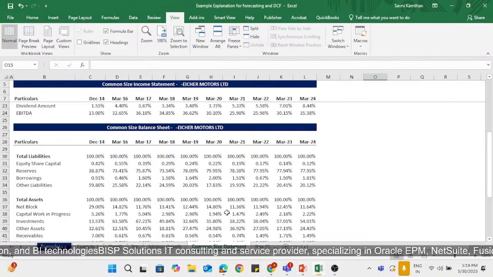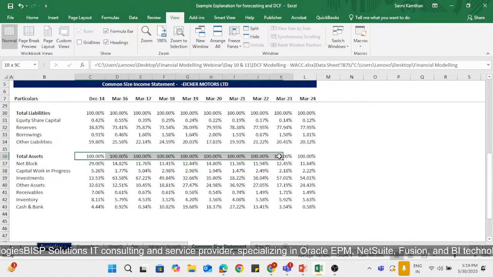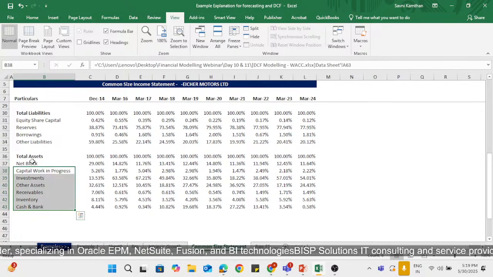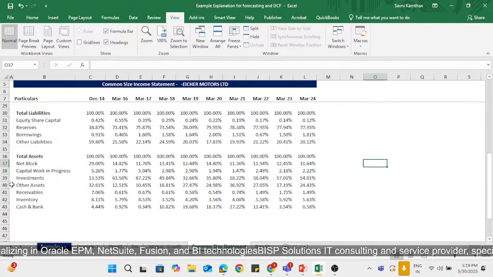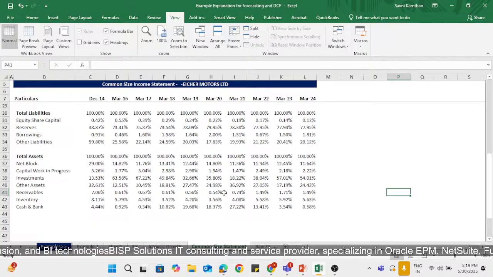So the same thing I have done over here also: I have taken my total assets as 100% only, and my net block is linked with the data sheet only. So I have taken these heads also, and now my net block amount is divided by my total assets, and now I will be getting this much.